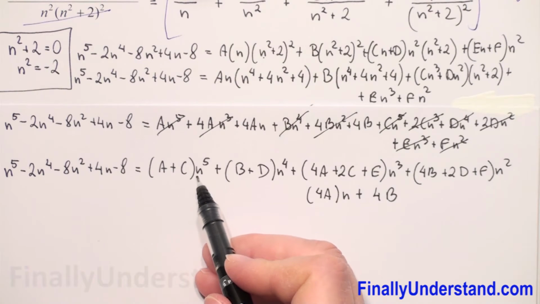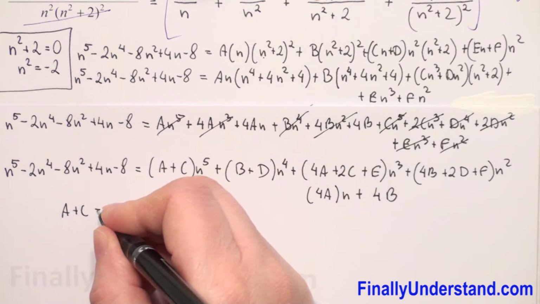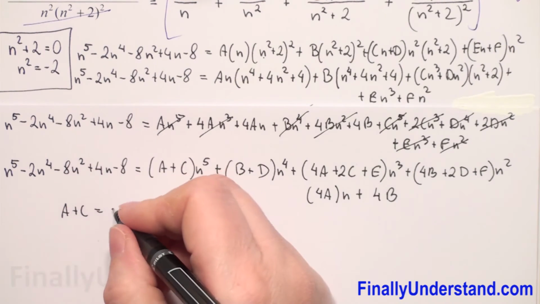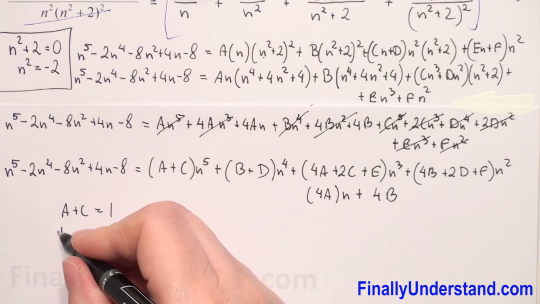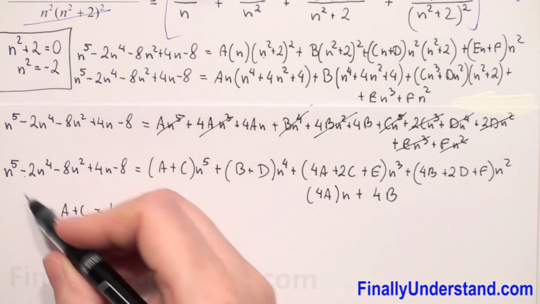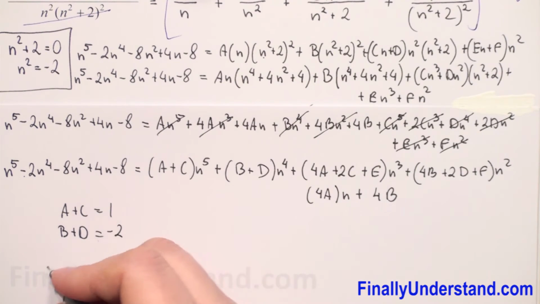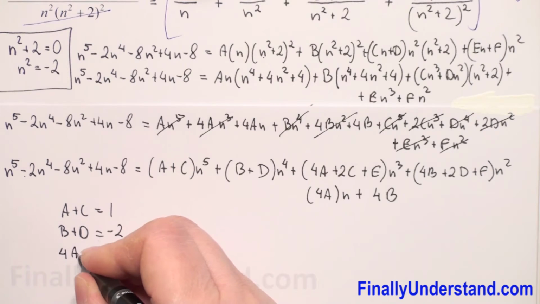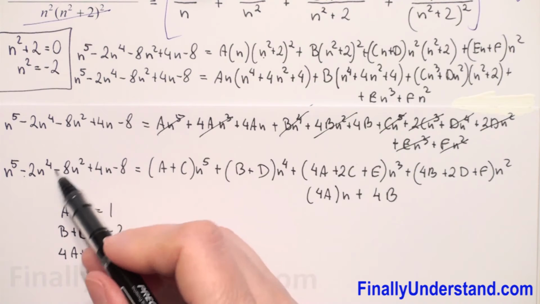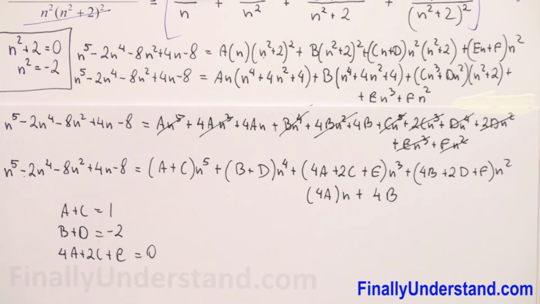So coefficient before n to fifth power, we have a plus c must be equal. Coefficient before n to fifth power is invisible 1. Next we have b plus d. Coefficient before n to fourth power is negative 2 on the left side, and coefficient before n cubed, so 4a plus 2c plus e must be equal. On the left side we don't have n cubed, so this is equal 0.